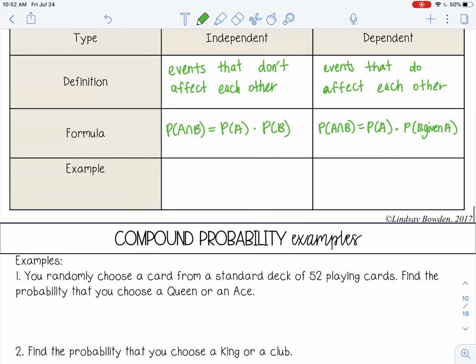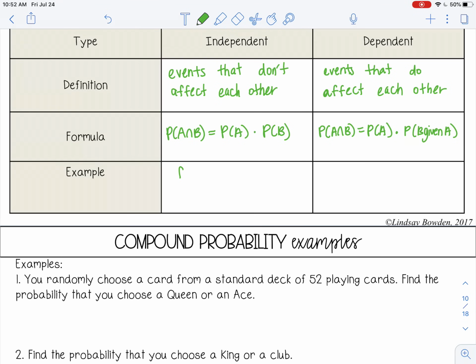So examples of independent events would be like flipping a coin or rolling a die. If you flip a coin and you get tails, that outcome doesn't affect the next time you flip a coin. It's still a 50-50 chance every single time you flip a coin. They are independent events.